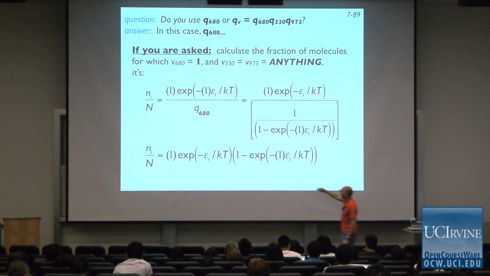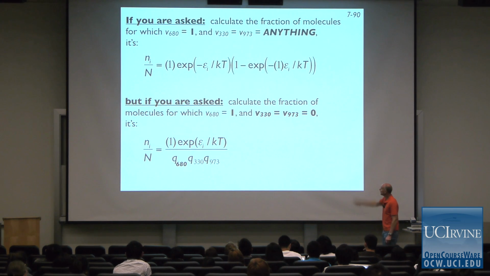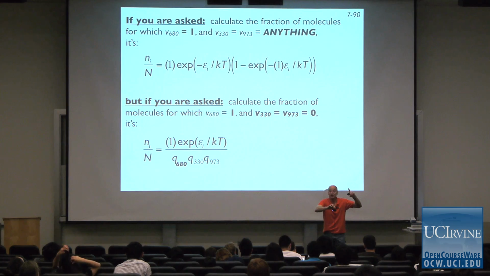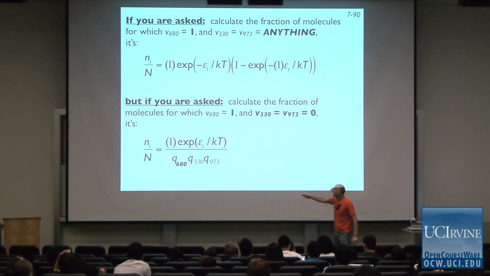But if, on the other hand, you're asked, I want to see if the 680 mode is excited and these other 2 are not. I want to know what fraction of the molecules have 680 excited and the other 2 modes unexcited. So you've specified what the other 2 modes are doing. That's a different story. You've got to include all 3.